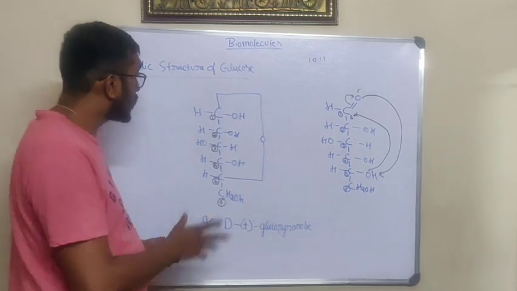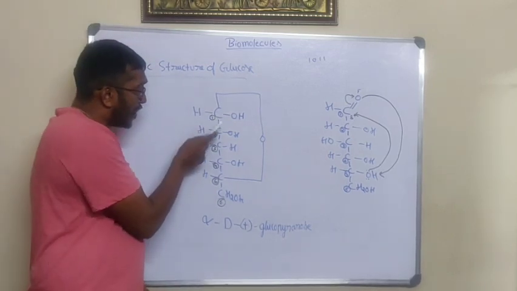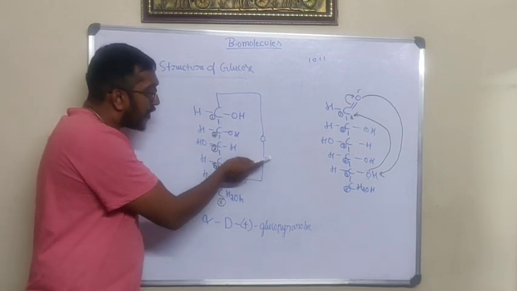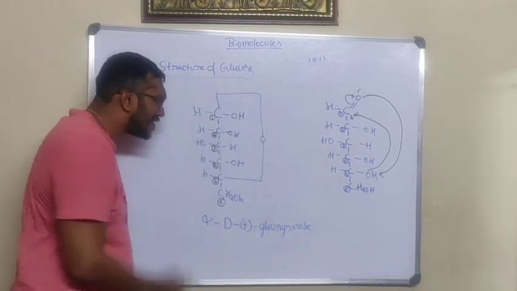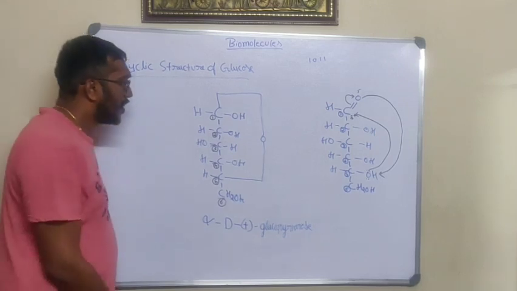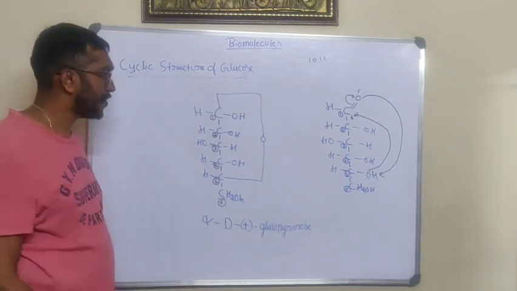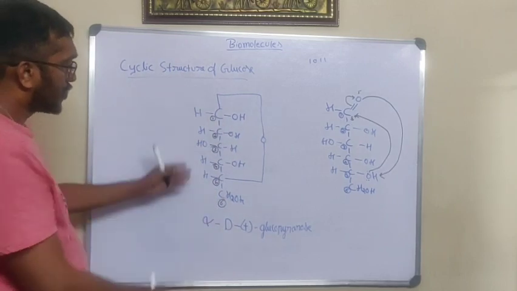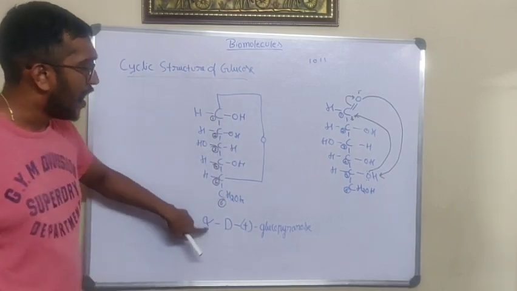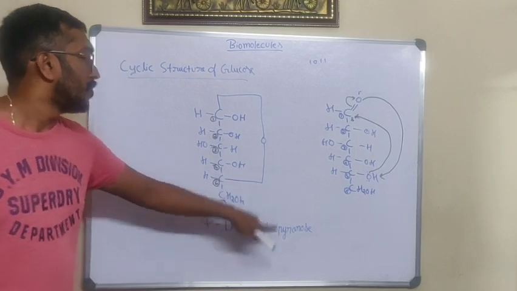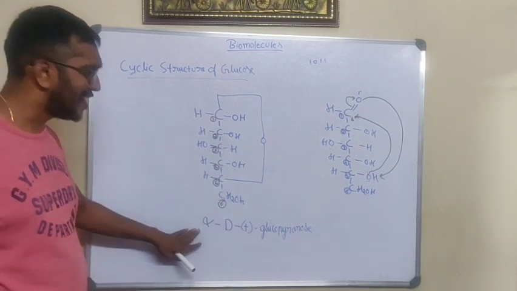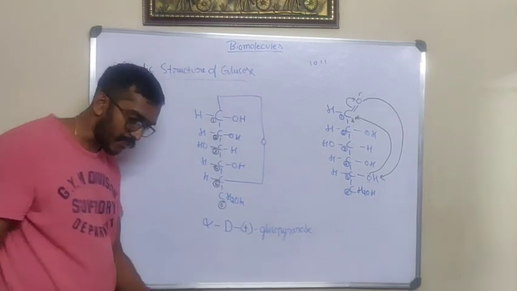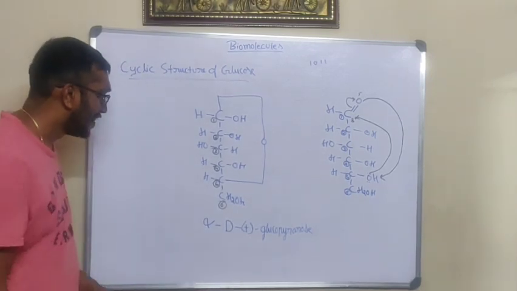How? 1, 2, 3, 4, 5, 6. Yes, it is a cyclic structure. This is the cyclic structure of glucose, and this structure is named alpha D plus glucopyranose. What is this alpha?